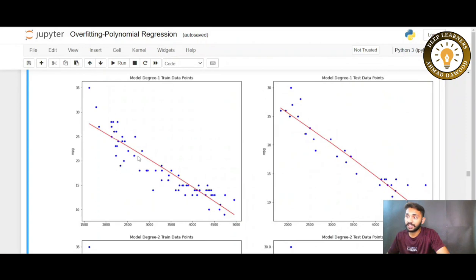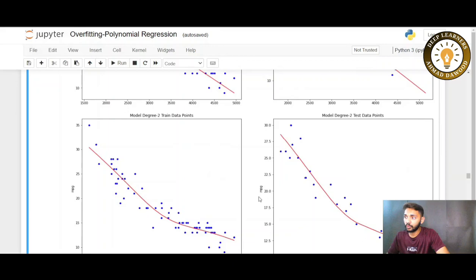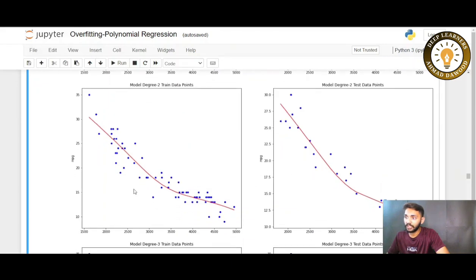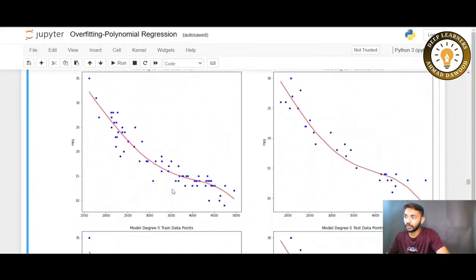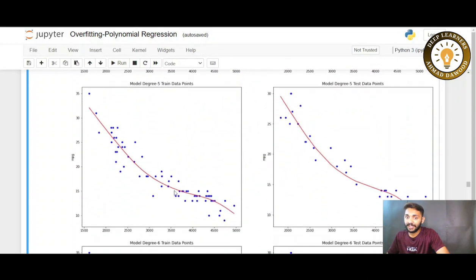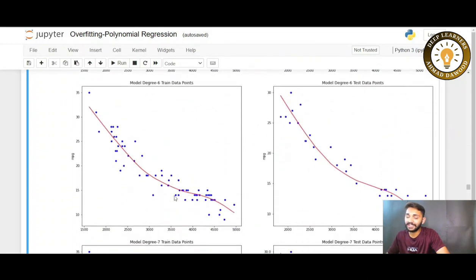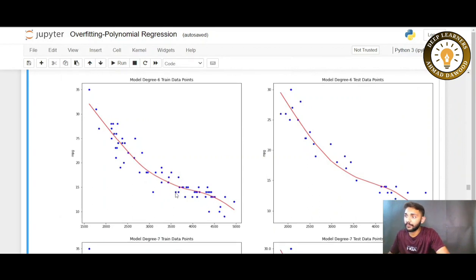The linear model is behaving the same type on both data points. Degree 2 is also behaving the same type on both, and as you increase your model degree, you will analyze that the model's behavior on test data points will change drastically.